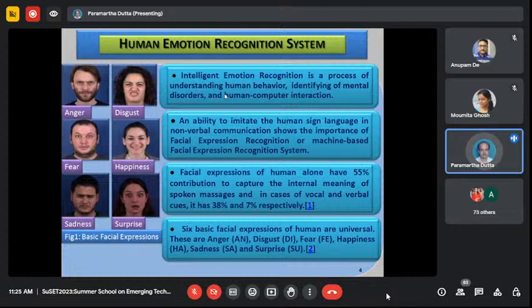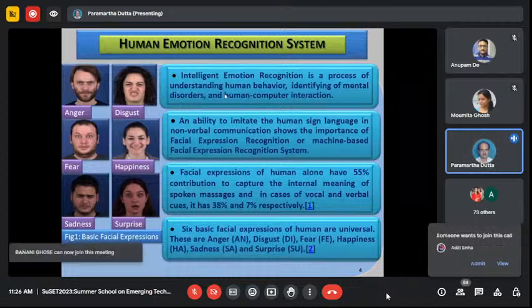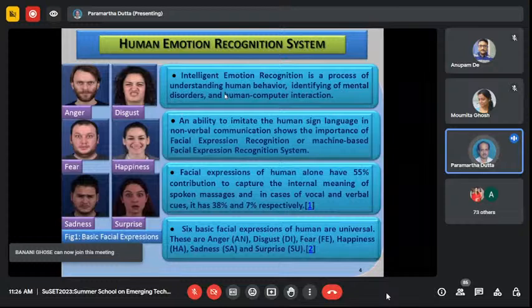As I have already mentioned, we are dealing with 6 basic expressions, the framework where 6 basic facial expressions are considered, as pointed out through the figures on the left hand side. This is exactly our foundation, on which we carry out all our analysis and study.